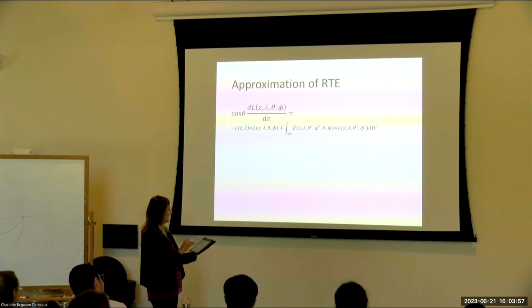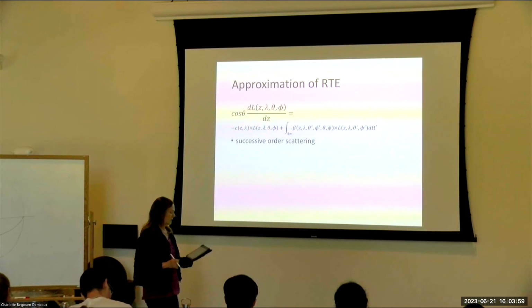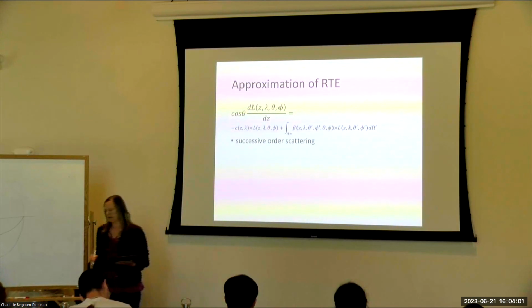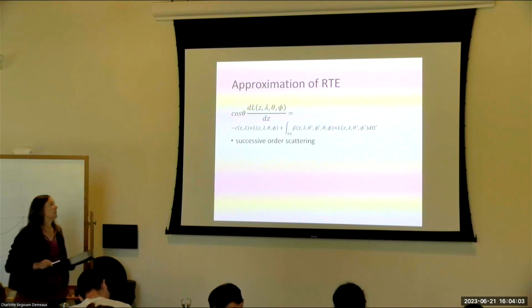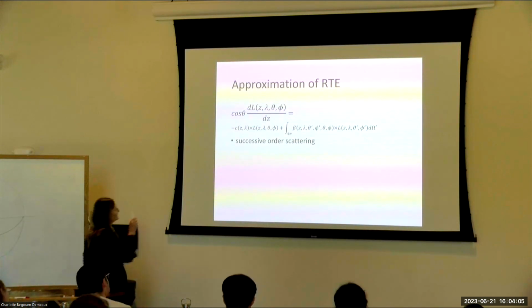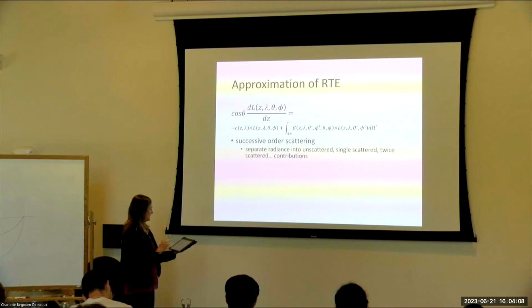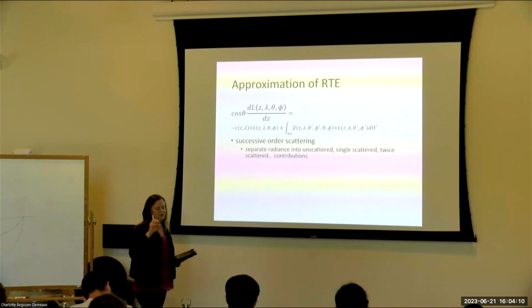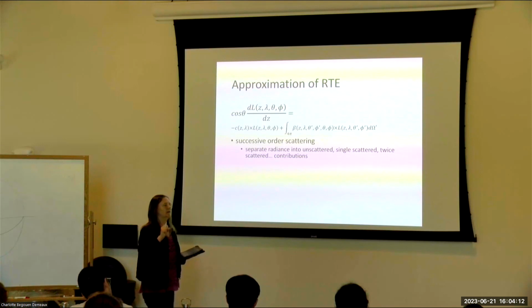Let's look at this. Okay, so here's our equation. There's something called successive order scattering. You'll see it in some of the optics theoretical papers. It's a way of taking the radiative transfer equation and separating the radiance term, in an additive sense.